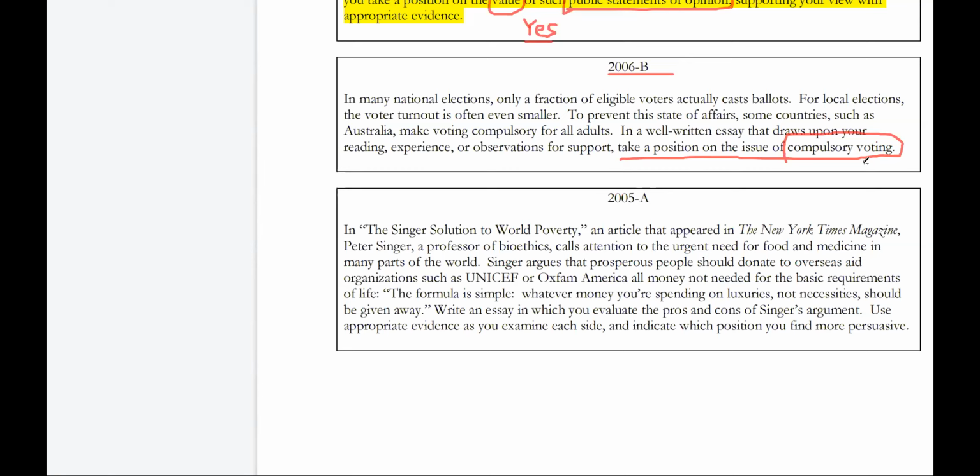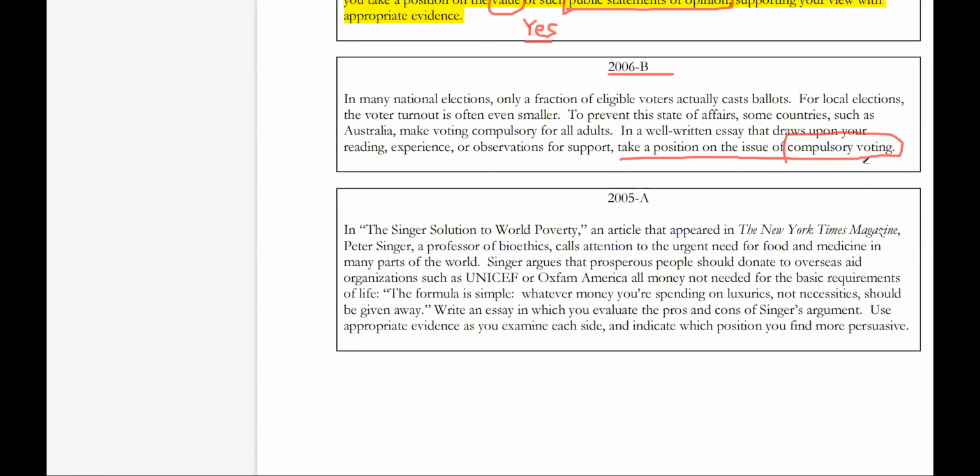But can we make this prompt pros, cons? Yes. How? You could say, prove how compulsory voting is beneficial.